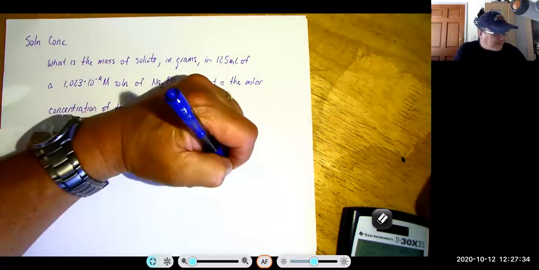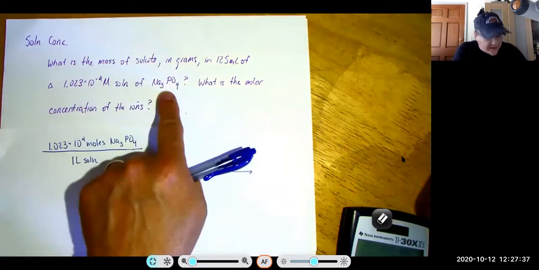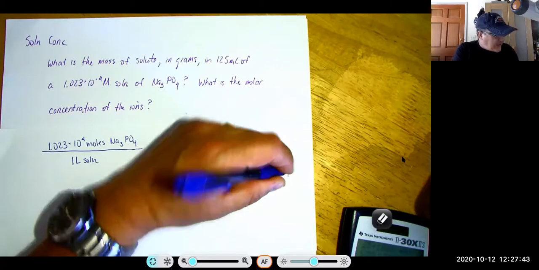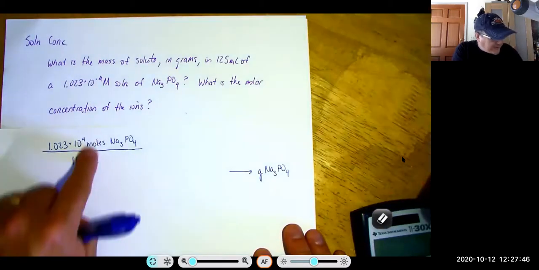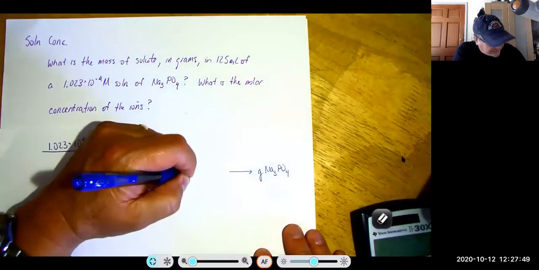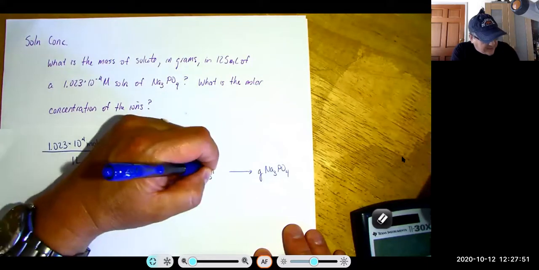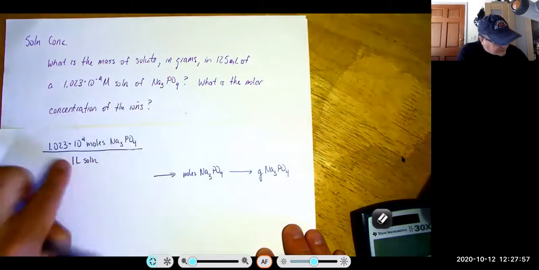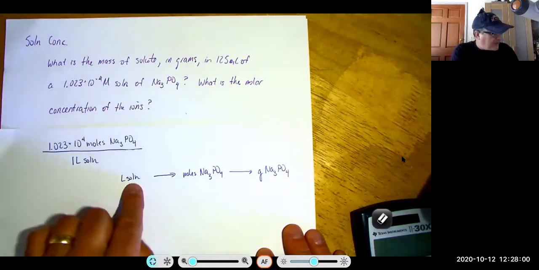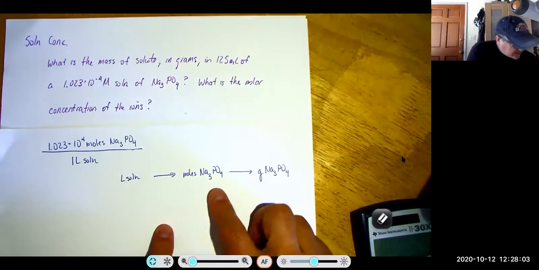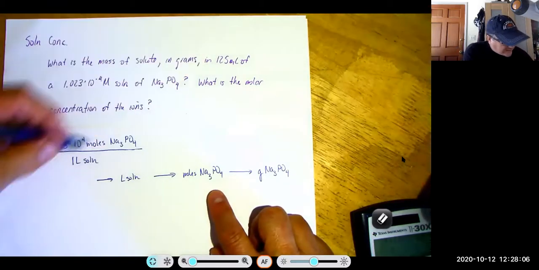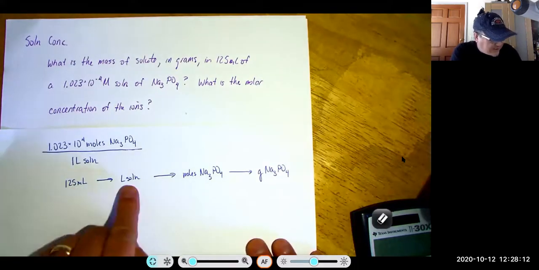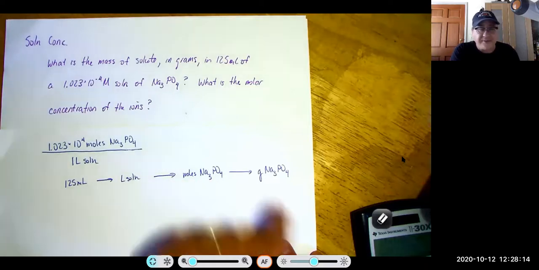We want to get the mass of solute, which is sodium phosphate. Now, given that this is molarity, I have the feeling that if I have the moles, I can probably calculate the grams. And that means that if I have the liters of solution, I can calculate the moles. And here I have 125 milliliters. So I think I'm going to go from 125 milliliters to liters, liters to moles, and moles to grams.